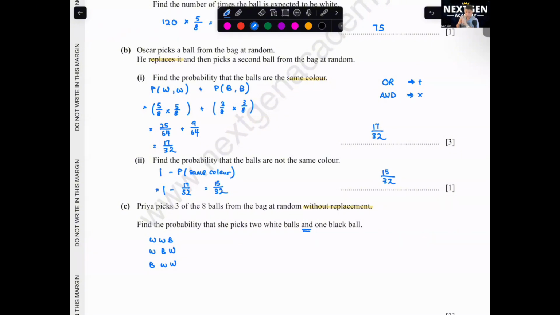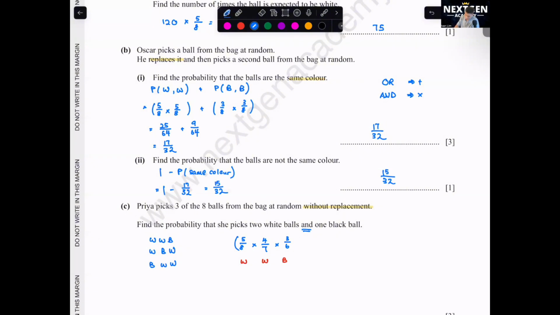So we just take one of the events. Let's say we take white, white, black. What is white, white, black? The probability of getting white will be 5/8. This is the calculation. Then the second one, you've got 1 less white already, so now it's 4, and your total is 7. Then the third one, we take the black one, which is 3/6. So I'm basing it on white, white, black.